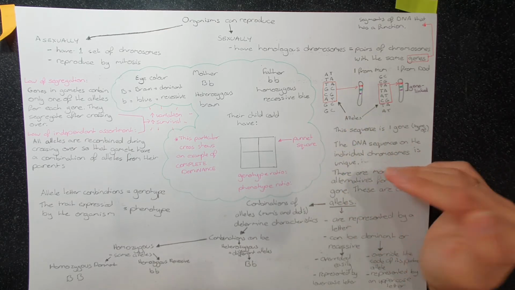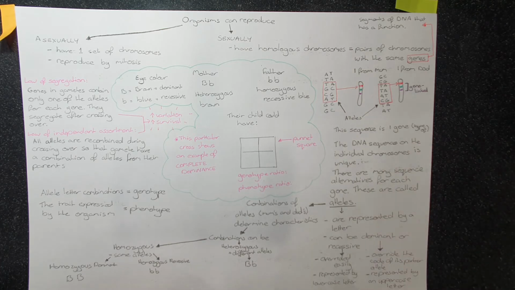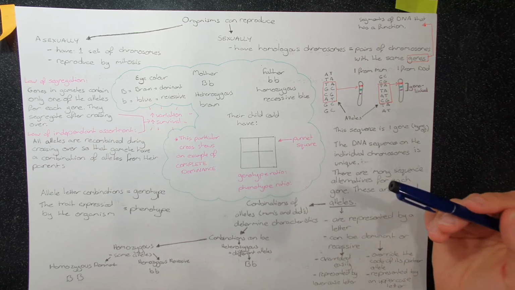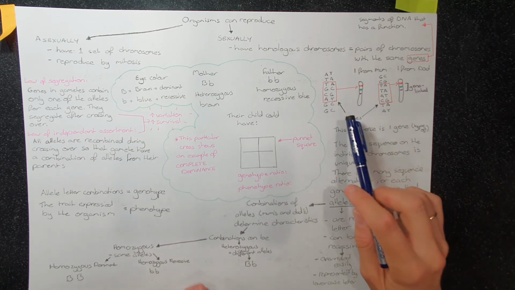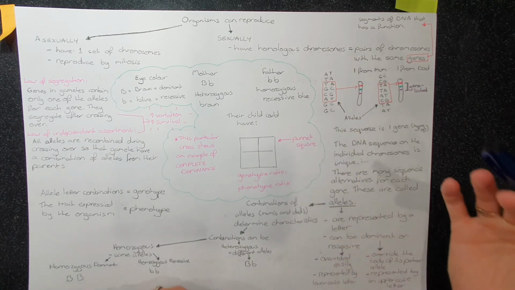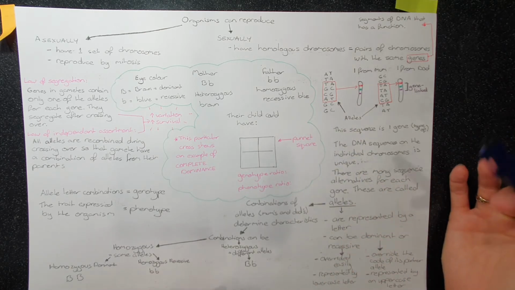And we would represent those ones with lowercase letters. So if we had blonde, we might use the letter B, and you can choose the letter that you use. We would have a lowercase b and a lowercase b, which would provide us with an offspring of blonde hair.